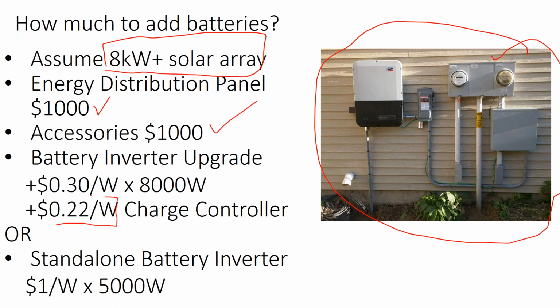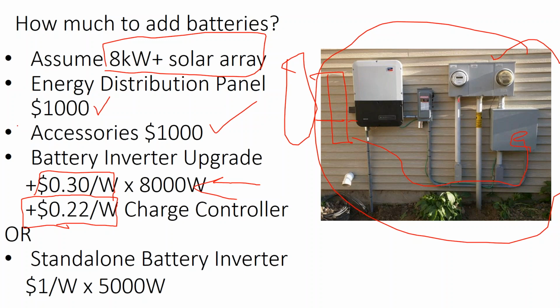The charge controllers themselves are a little bit less expensive than a standalone inverter. If we went with a standalone inverter and bought the battery inverter, we could wire them in parallel to each other, but we're still going to be buying a service panel to wire them all in parallel before we get to the supply side tap.